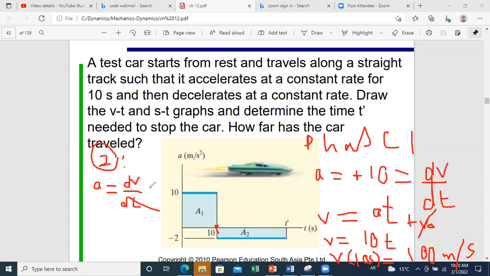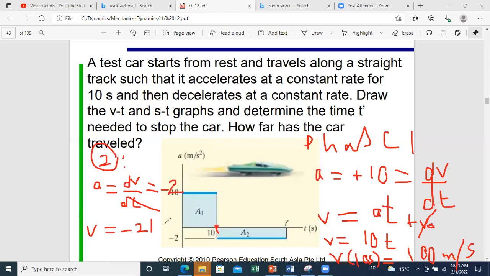Then I do the integration, either separation of variables or simple integration. So velocity is equal to, here pay attention, okay? Velocity is minus 2t plus a constant.